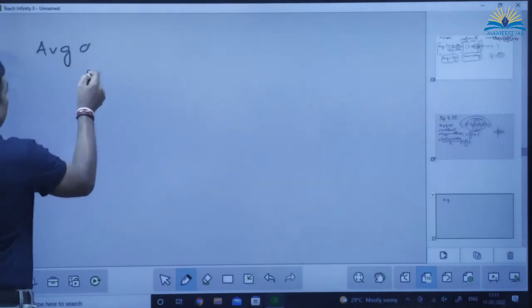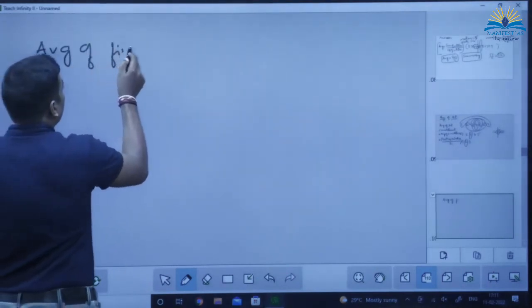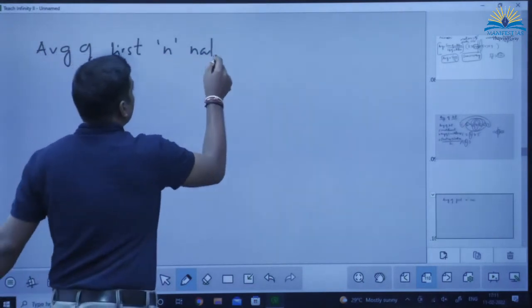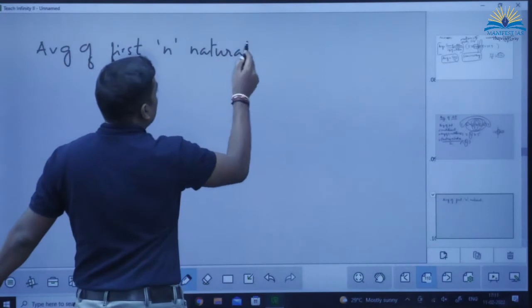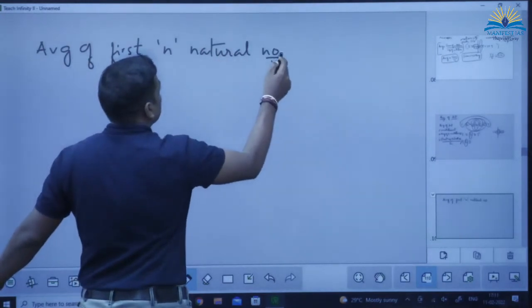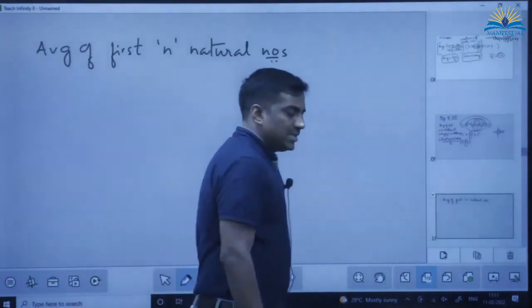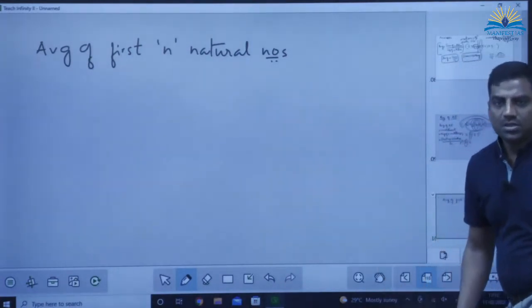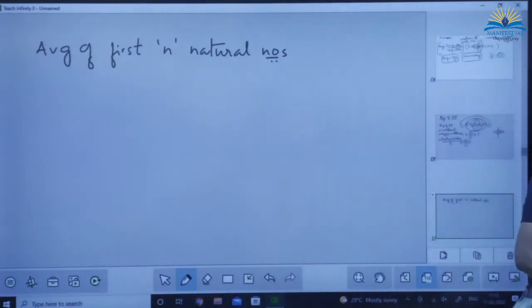Average of first n natural numbers. What do you mean by this? Natural numbers start from 1 and end at whatever number we denote, that is n. 1 to n.